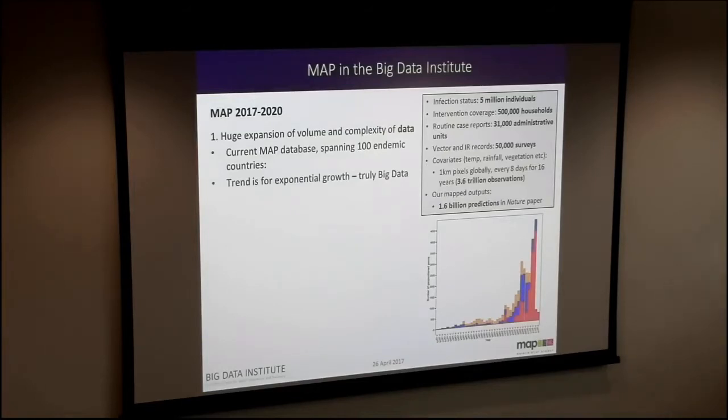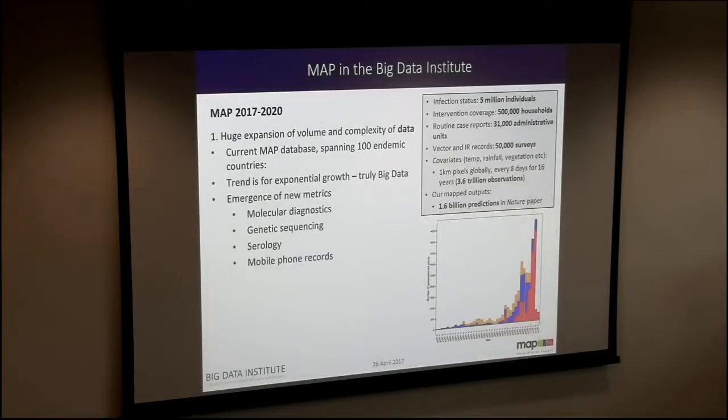And the trend that we've seen in gathering our household prevalence surveys is definitely exponential. It's been growing not only because of our increased effort to collect it, but also the malaria research community making more data available.